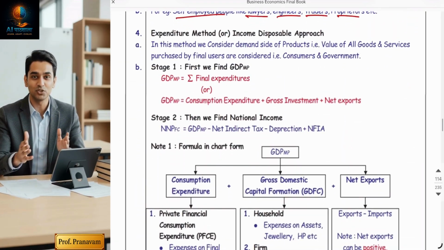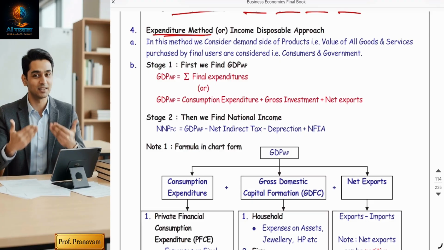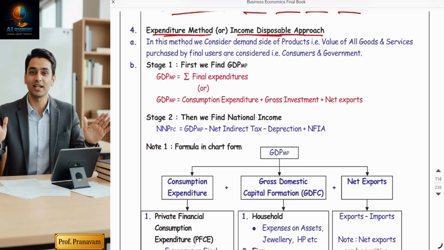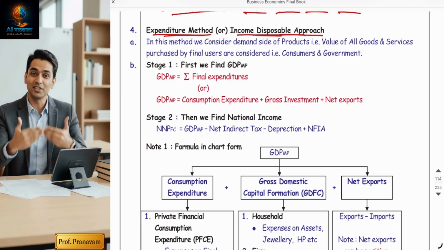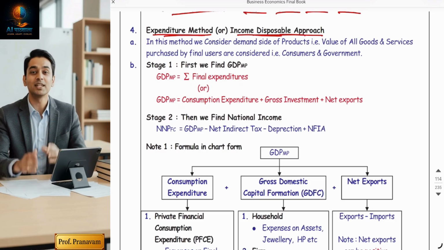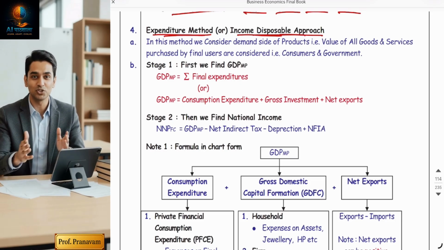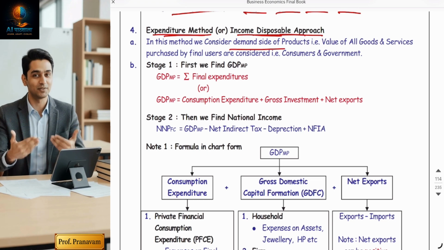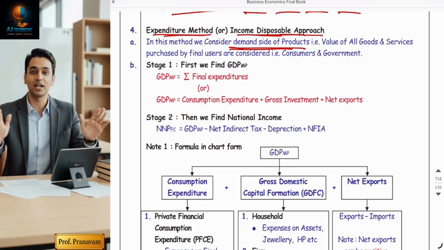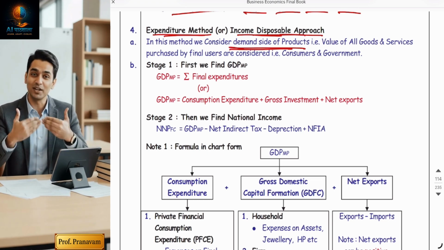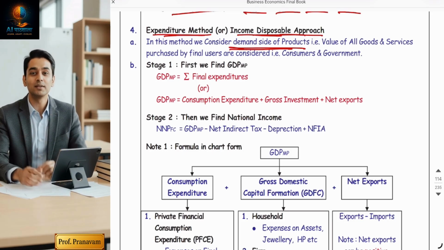After the income method, the next method is the expenditure method. It is also called the income disposal approach. It is a demand side method actually. In this method, final users' expenditures are added.